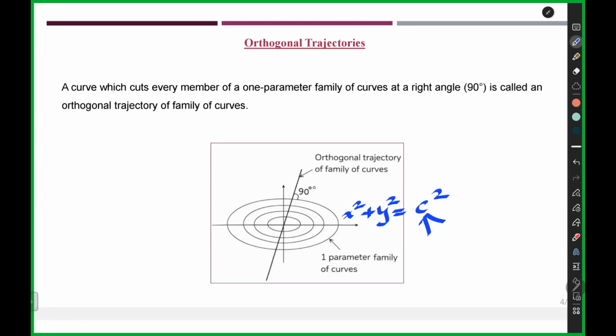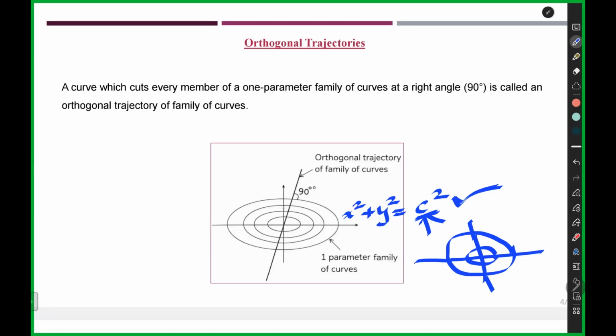If I fix c as 1, it is x square plus y square equals 1. Then if I put c equals 2, it is x square plus y square is equal to 4, and so on. So basically, a one-parameter family of curves.